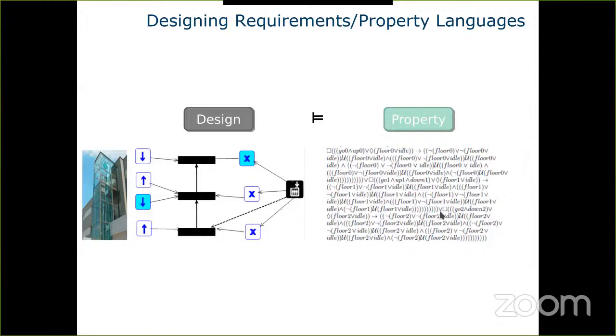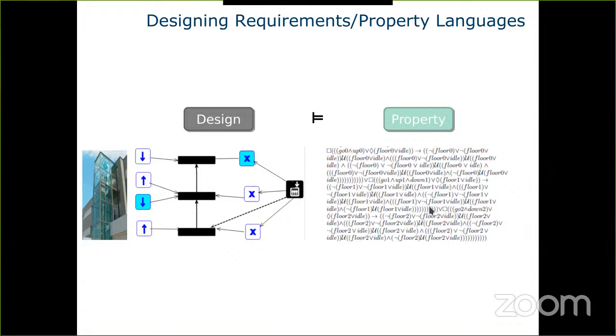Maybe we should match that same level. Of course, if I have this property and I express this in, say, Promela, and I use the Spin model checker, I can check whether this design satisfies this property, which is actually very nice. This is what I want, especially because elevators should be safe and so forth. So I do want to check this, but this is probably not most appropriate.